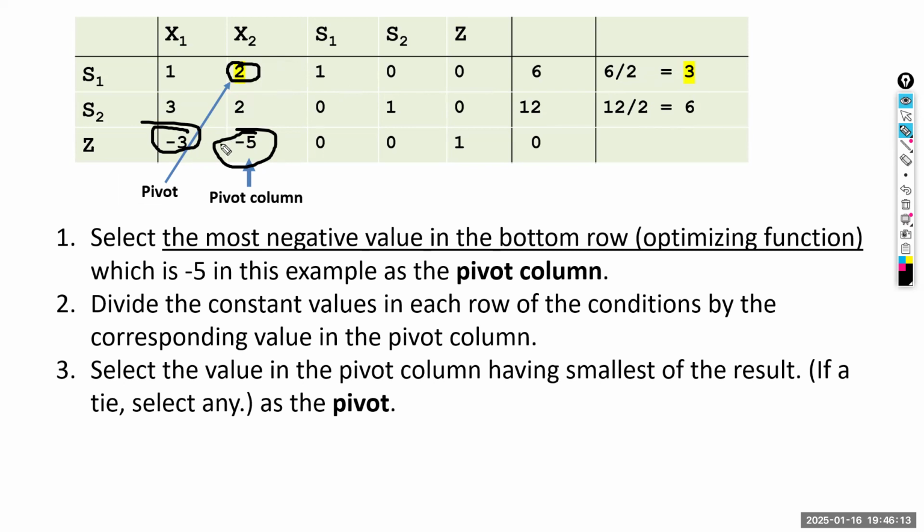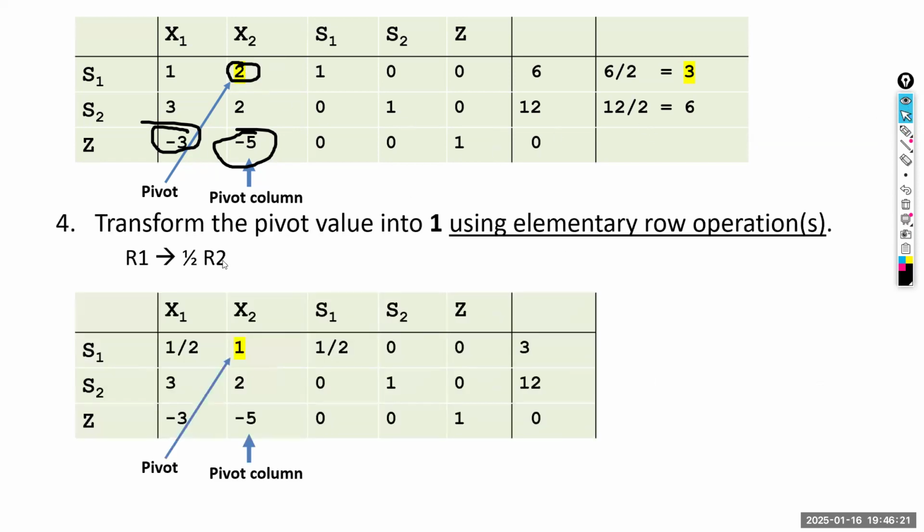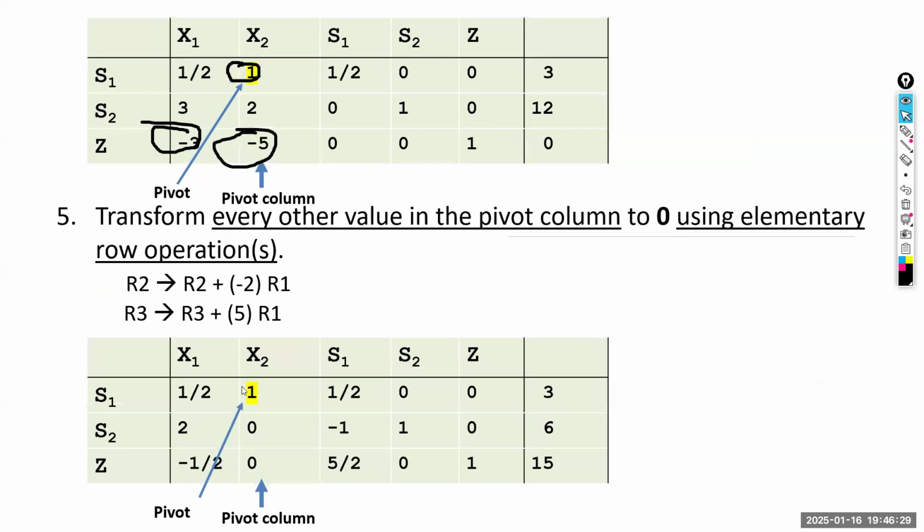Now using elementary operations, make these zeros. So this is divide by half or divide by 2. Now you have made it 1. Now you can make this 0 by multiplying this by -2 and adding it to this. You can make this 0 by multiplying this by 5 and adding it to this.